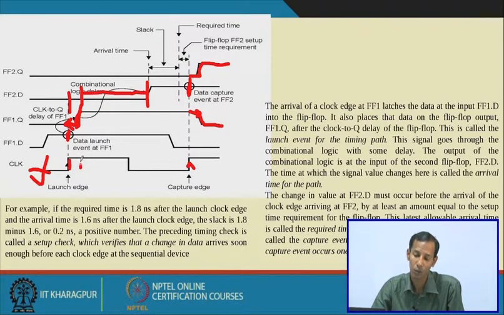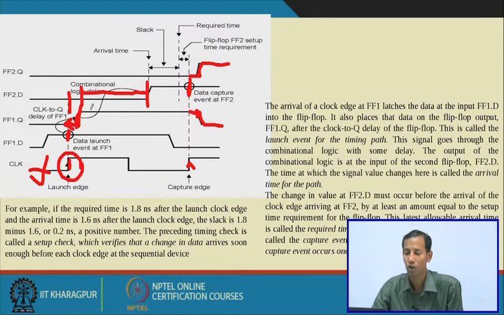Whenever we apply the first clock edge, the input data is captured, or enters the circuit, that is, the first flip-flop element. That is why this is known as the launch edge.